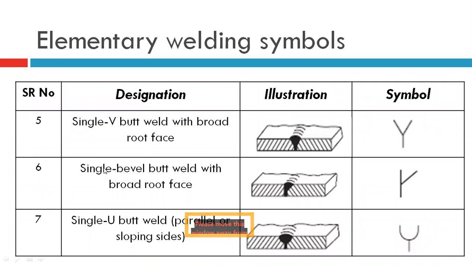See here. Another some elementary welding symbols. What it is given in this elementary welding symbols. Yes. Fifth number. The designation. Try to read this designation. Single V butt weld with broad root face.